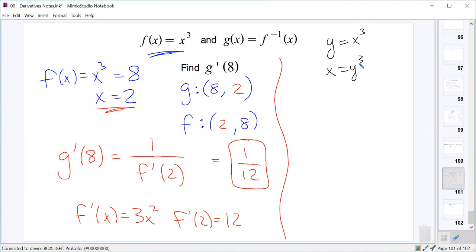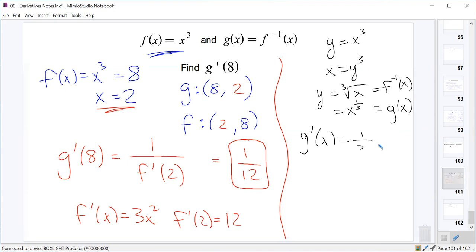And we'd resolve this for y, where y is the cube root of x, or our f inverse of x, which is also equal to g of x. So g of x is cube root of x, or x to the 1/3. g prime of x ought to be 1/3 x to the negative 2/3.